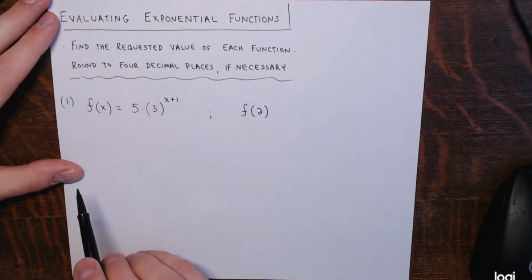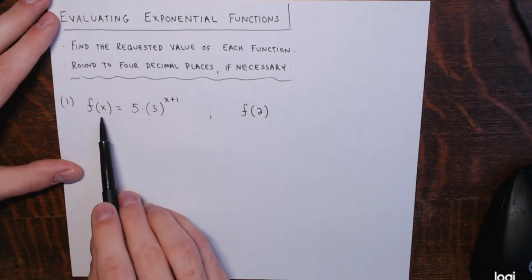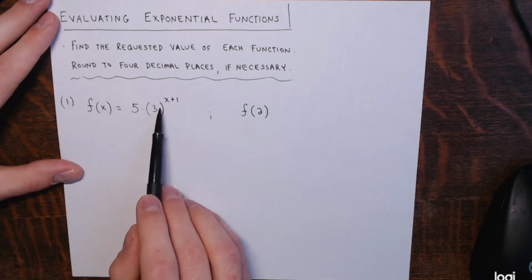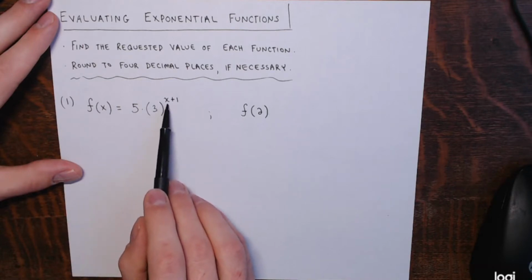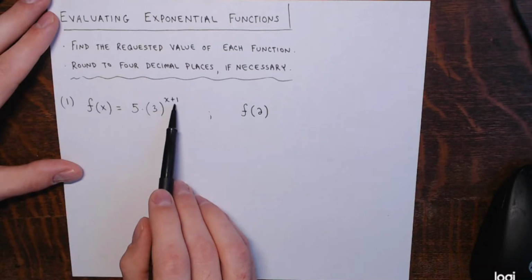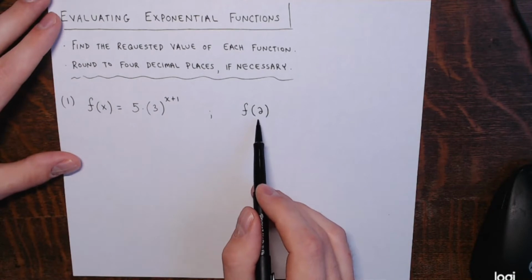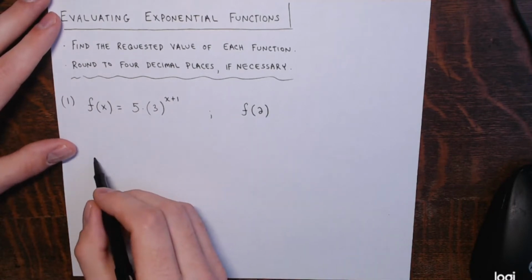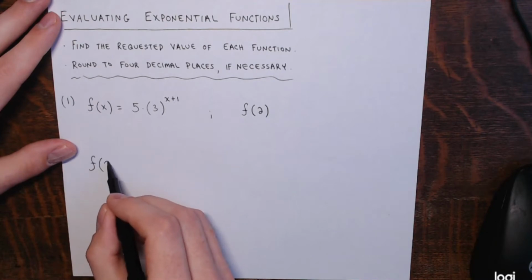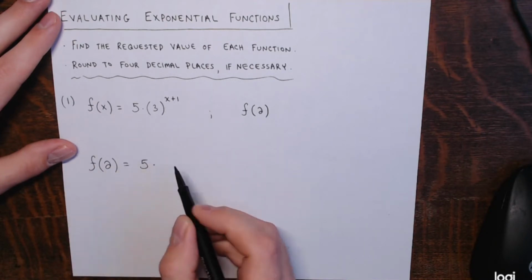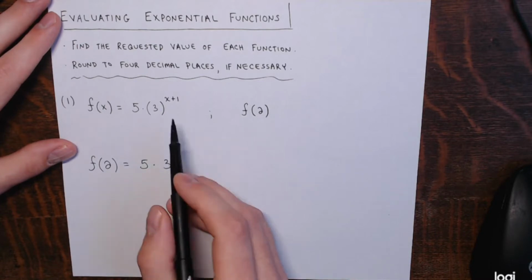Alright, so here we have f of x equals 5 times 3 to the x plus 1 power. And we're simply asked to evaluate, what is the value of this function when the input is 2. So f of 2 is 5 times 3 to the 2 plus 1 power.